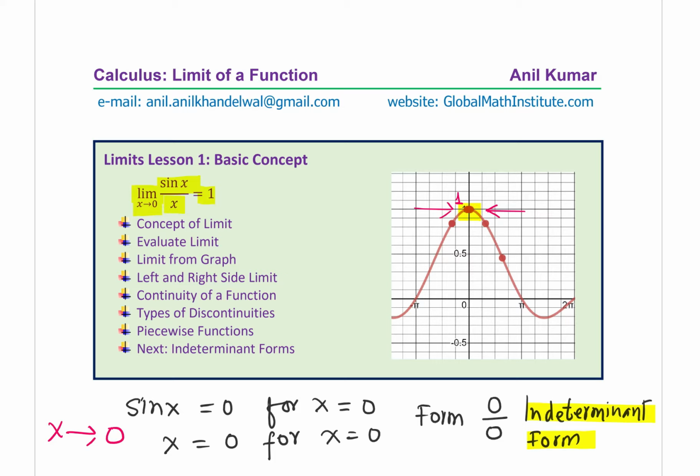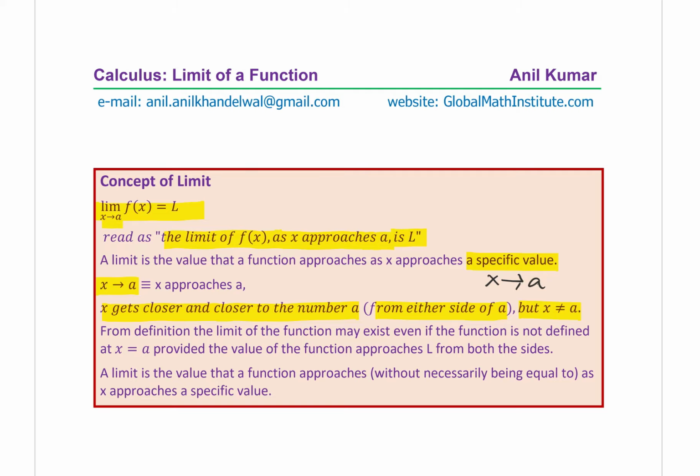And that is a real number. And since it is a real number, you're approaching the same value from both the sides. We say that the limit of sine x over x when x approaches 0 is 1. Perfect. So that is how you're going to read or interpret the limits.